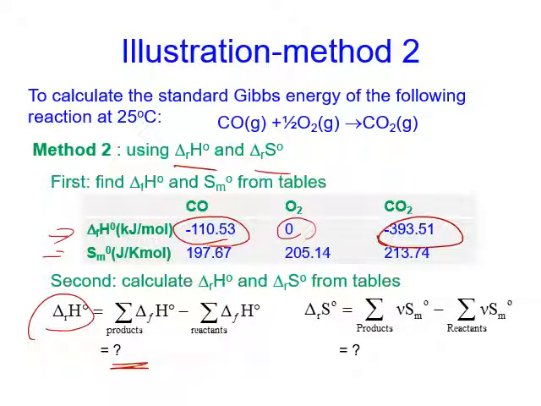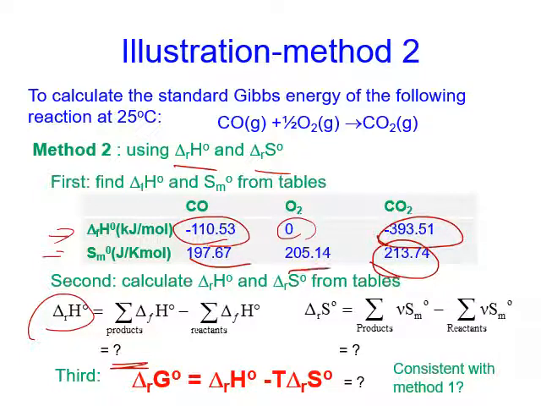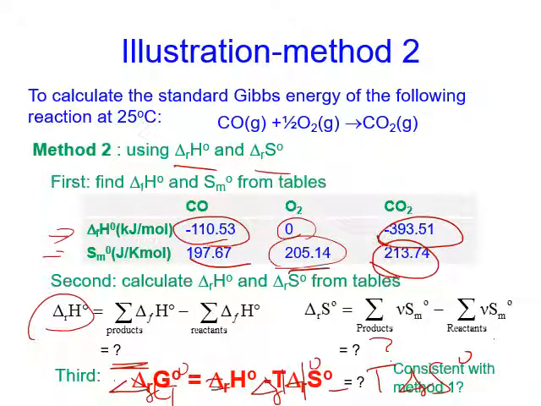Then you calculate the standard entropy of reaction by products minus reactants. Note that oxygen is not 0 because it's not a formation entropy, it's the standard entropy. Finally, you use the equation delta G of the reaction equals delta H minus T delta S, and I suggest you try it.